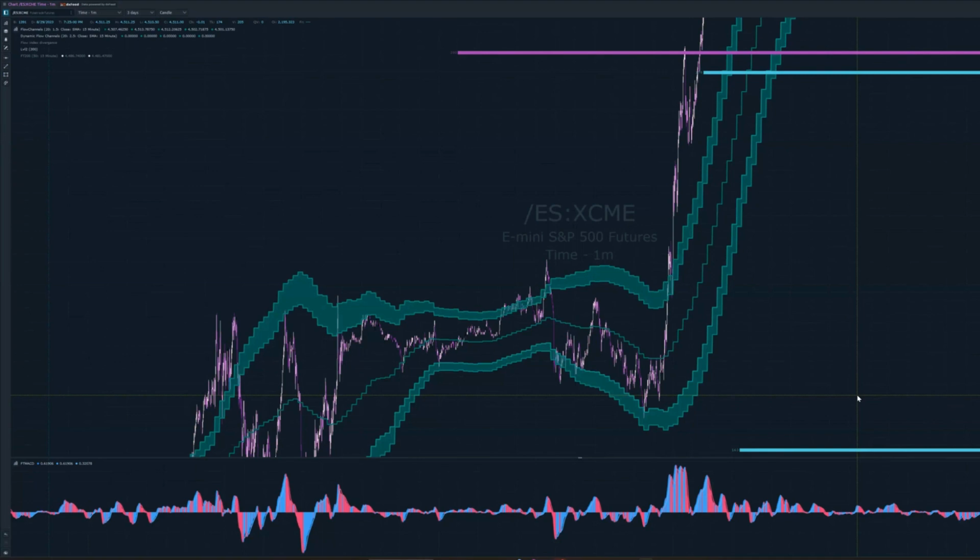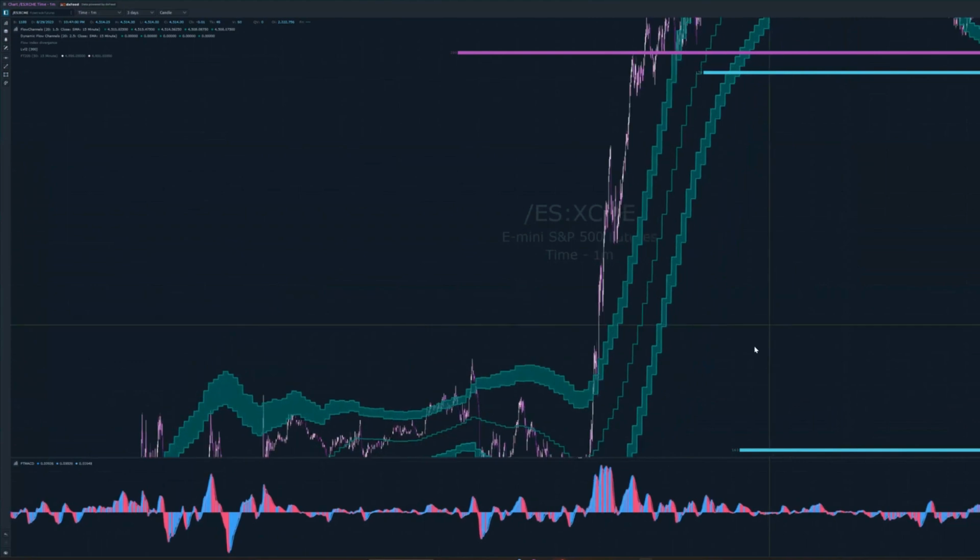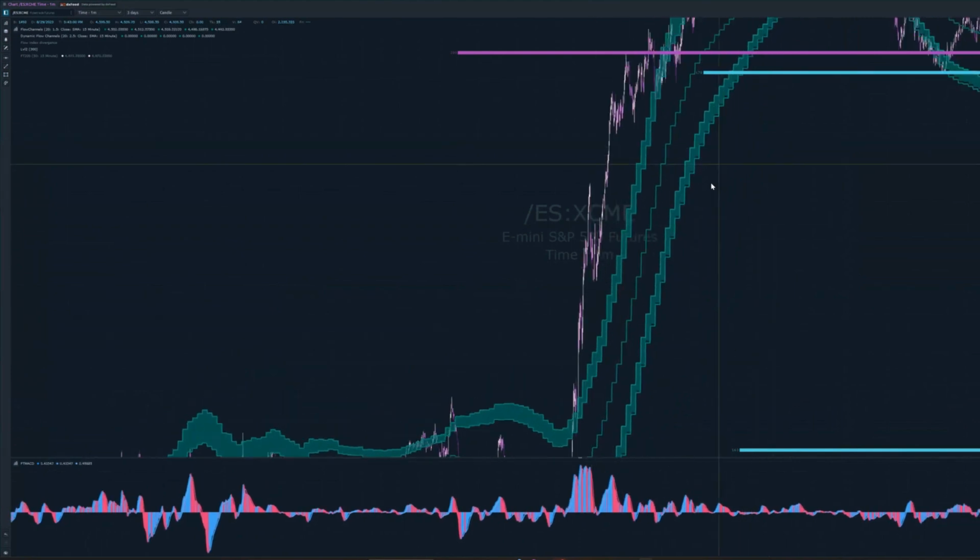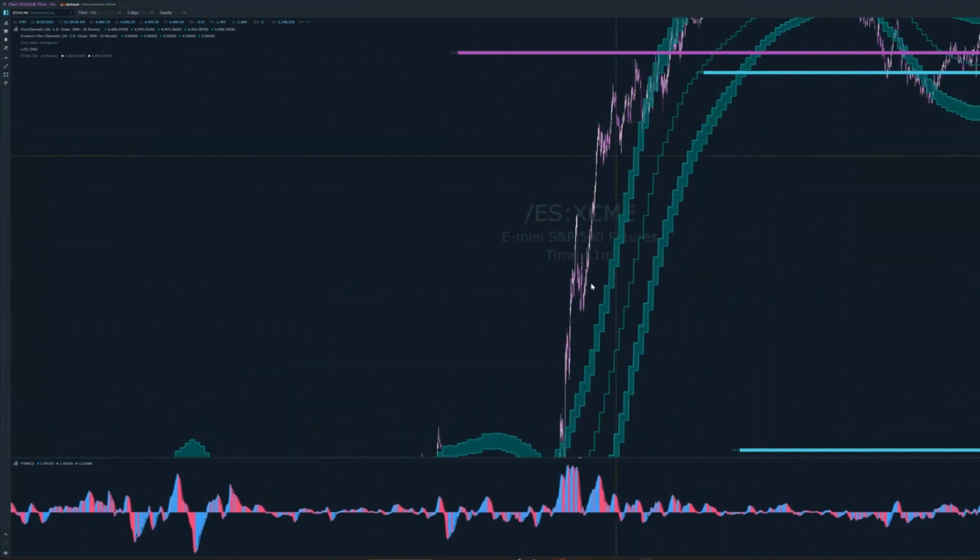Primaries aligned means your 4 hour and your daily MACD are both pointing in the same direction. And we'd like the weekly to be pointing in our direction. This is a little interesting because even with our weekly down, and I can go through this whole setup on why we were still able to push so hard even with the weekly down.